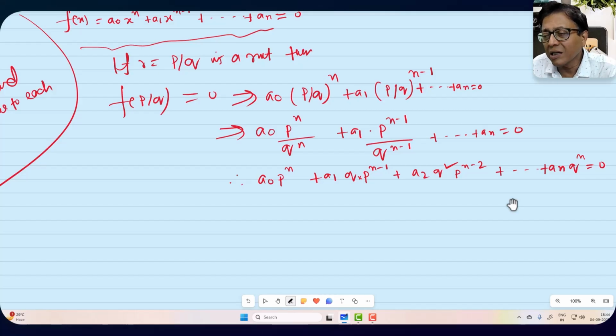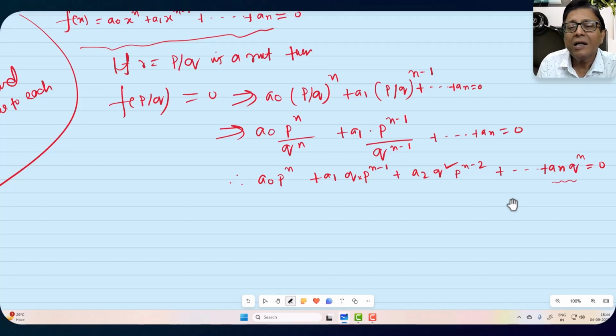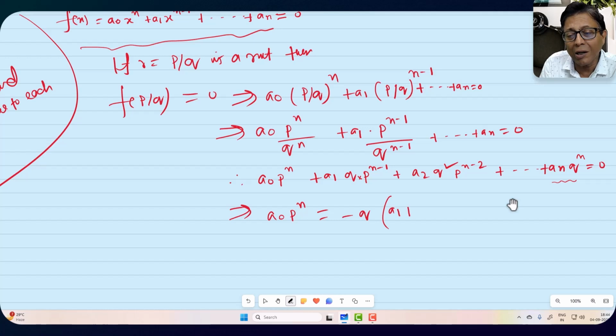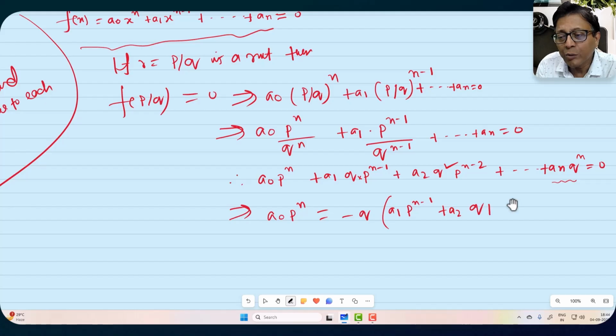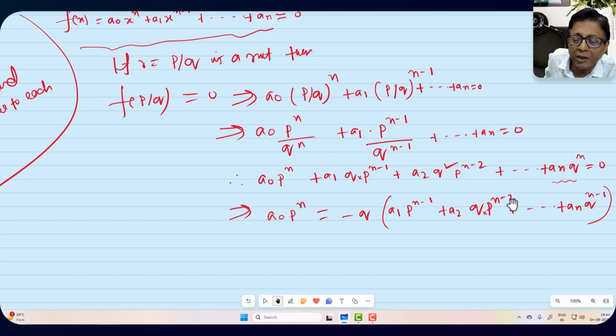Now this last term contains q. Let me express the equation in this form, that a0 p to the power n equal to, take minus q as common, that is a1 p to the power n minus 1, a2 q multiplied by p to the power n minus 2, plus up to an q to the power n minus 1.